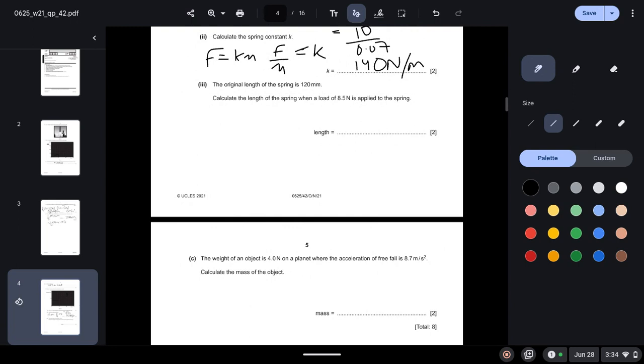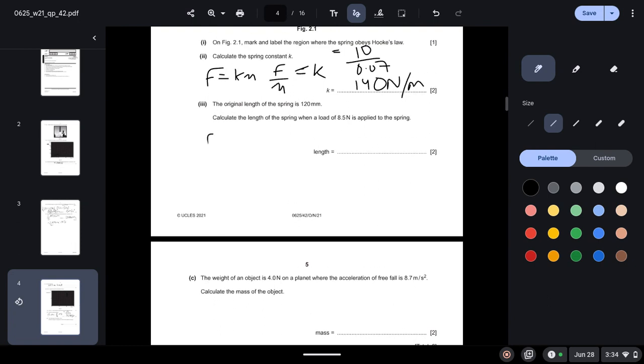The original length of the spring is 120 millimeters. Calculate the length of the spring when a load of 8.5 newtons is applied to the spring. So once again you will use the formula F is equals to kx. Force is 8.5. Extension we have to calculate, and k is 140.